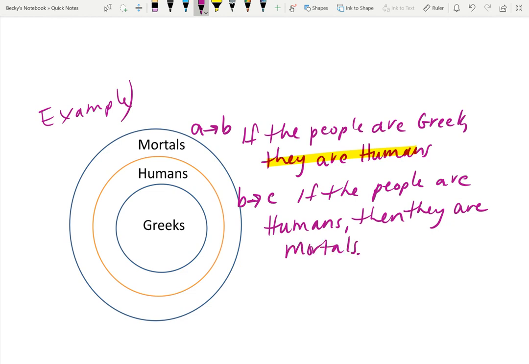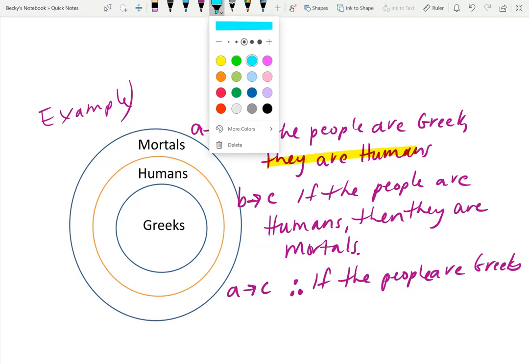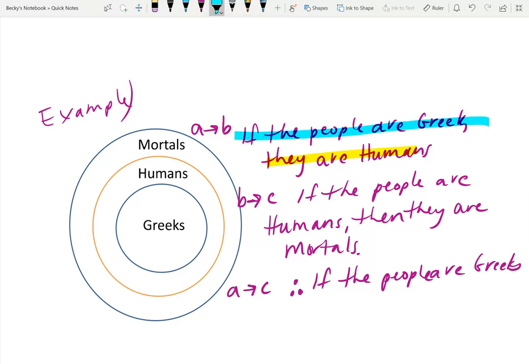Okay, so I'm going to wrap it up. I'm going to say A to C. So this is therefore, if the people are Greeks. Now, if you don't understand where I got that from, what I'm doing is I'm taking the very first sentence and my very last sentence, and I'm combining them.